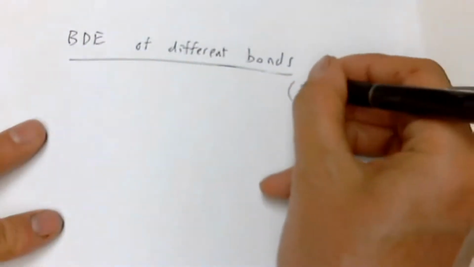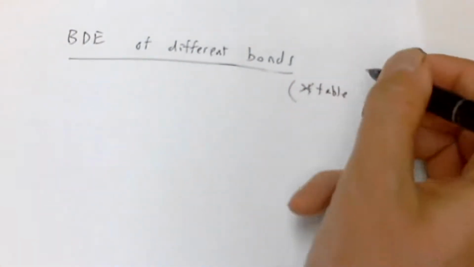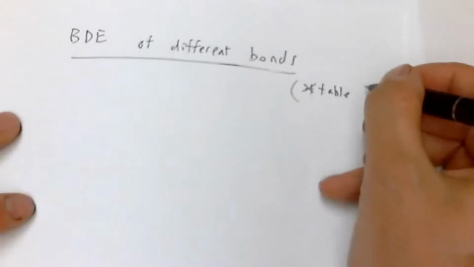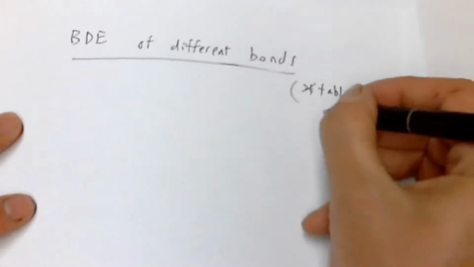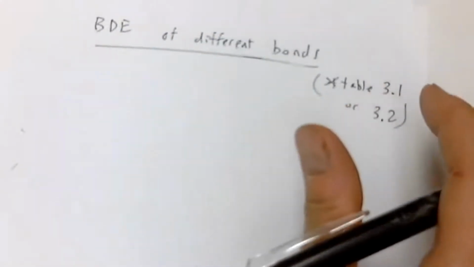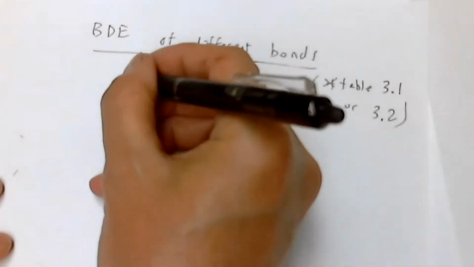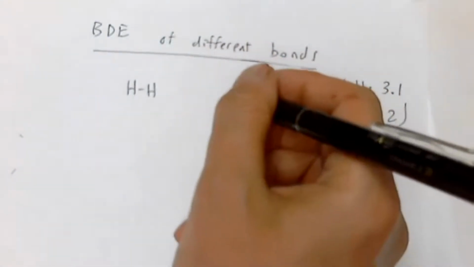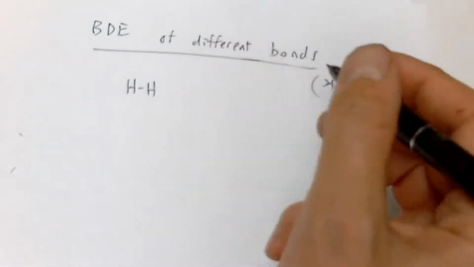This is also in table 3.1 or, I think, 3.2. So there's a whole bunch of these. We're just going to show a couple of representative ones, like H-H, which we just mentioned.